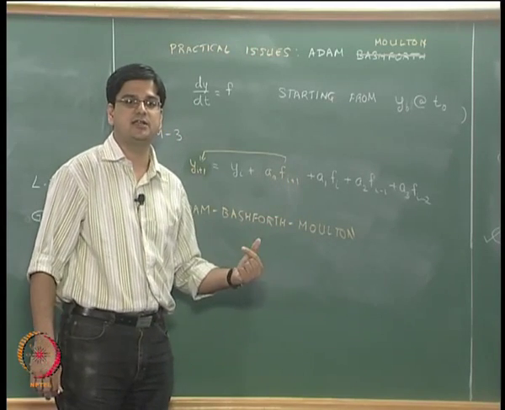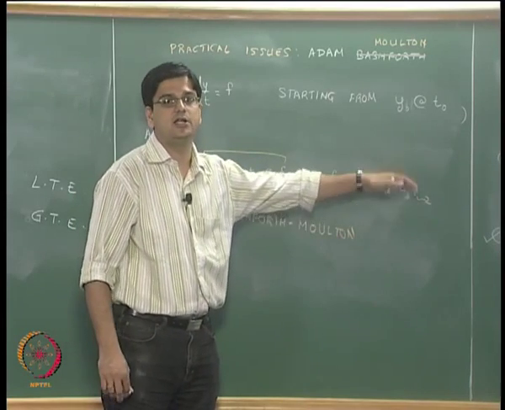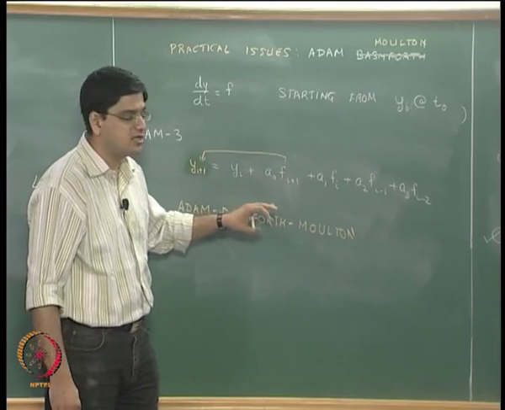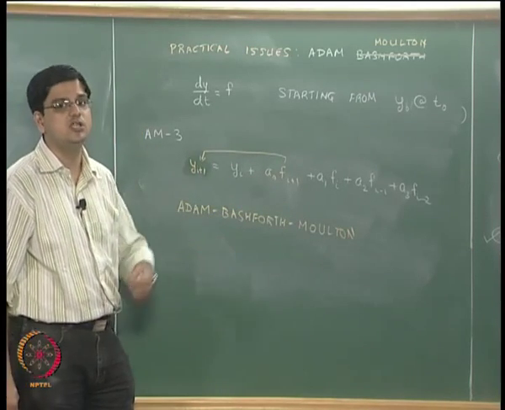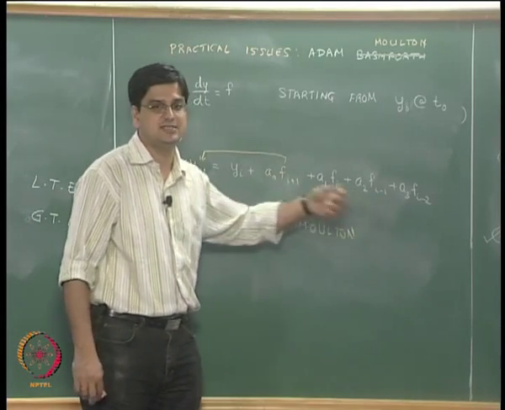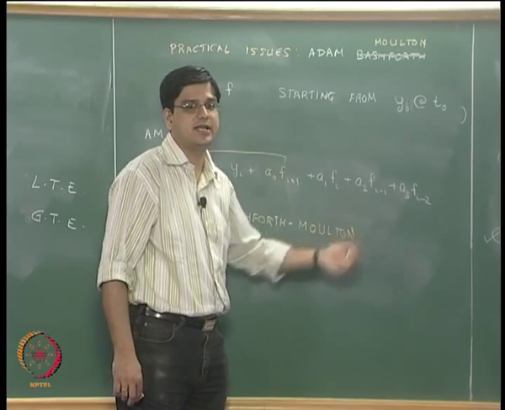That is, in implicit Crank-Nicholson method we need to solve this equation repeatedly until convergence is reached. On the other hand, in the predictor corrector method, what we do is we use a predictor equation, and this particular equation is used as an expression that ends up being the corrector equation.